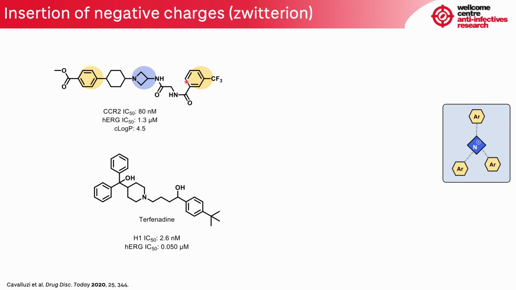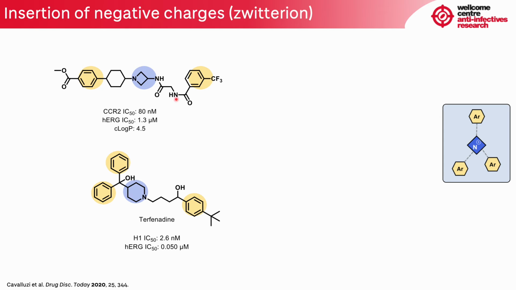We can try to fit those two molecules to the pharmacophoric model where we have a basic group surrounded by aromatic units. Remember that this basic group here is probably doing either a cation-pi or an ion-dipole interaction with some amino acid residues in the hERG channel cavity.